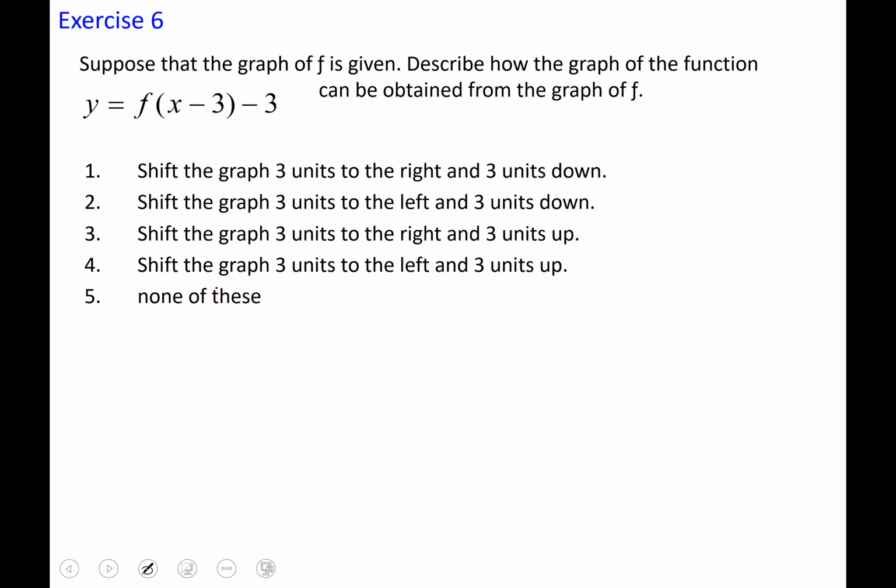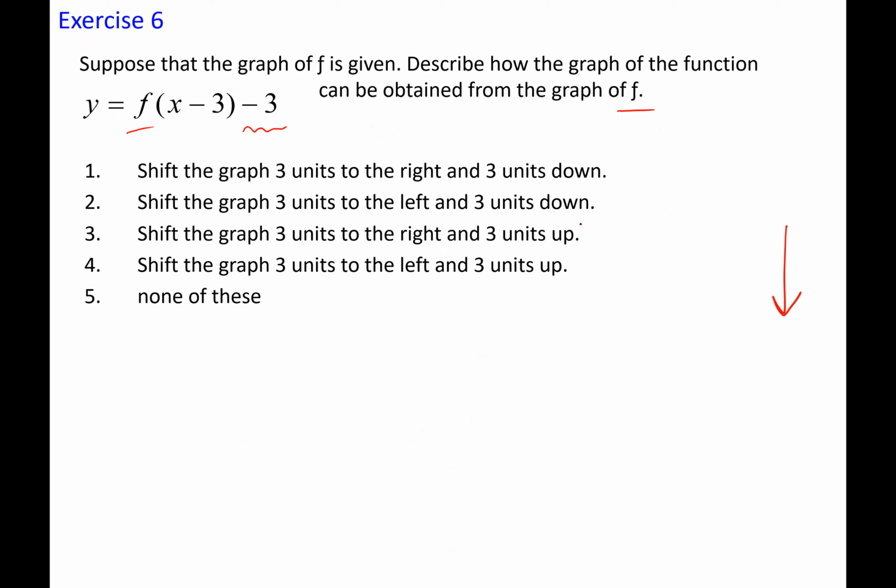Okay, and let's see the question. Suppose that the graph of f is given. Describe how the graph of the function f of x minus 3, and then minus 3, can be obtained from the graph of f. As we know, when we subtract a number from the entire value, we are shifting down, 3 units down.